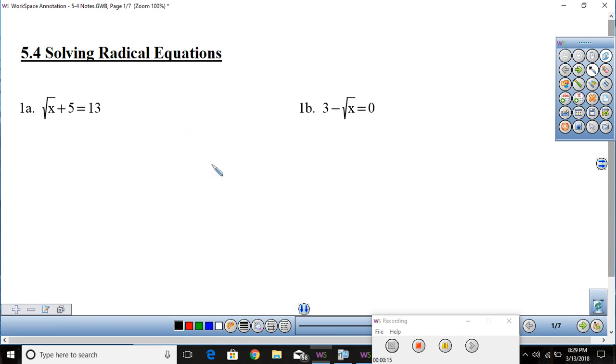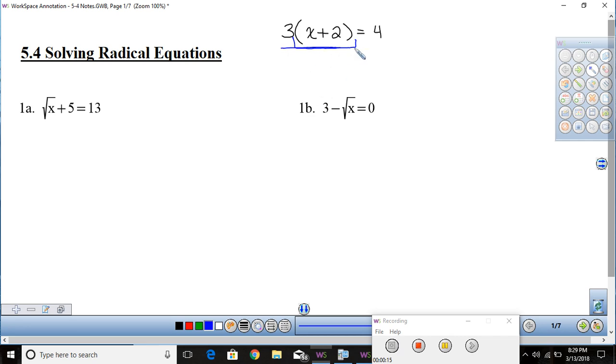So the first thing that you need to realize is that when we had equations that look like this, like x plus 2, and then we had maybe 3 times that is equal to 4, some of you want to subtract this 2, but you need to get this grouping right here by itself first.